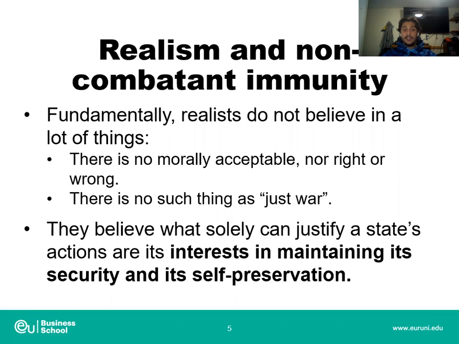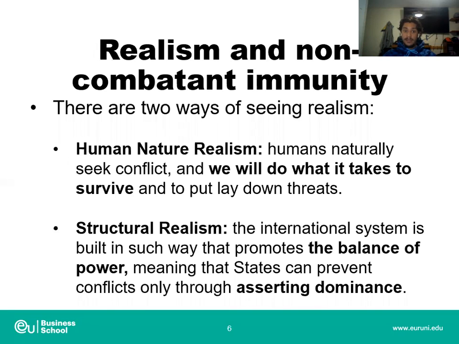And there are two ways of seeing realism. The first is human nature realism. That implies that conflict is an inherent part of human nature, that it runs through our veins, and that if anything attempts against us, we will fight back.